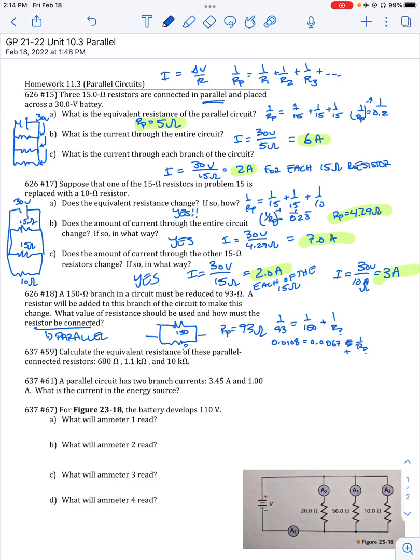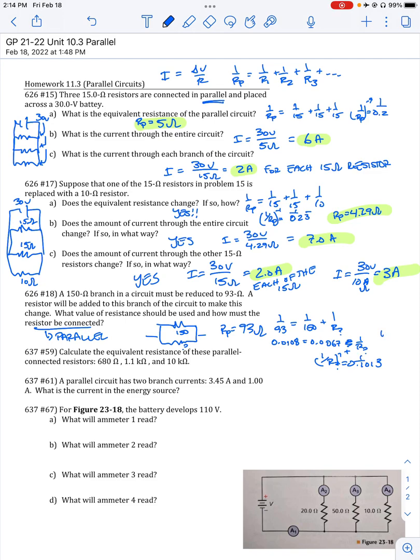So 0.108 minus 0.0067, we see here that 1 over our one that we don't know is going to equal 0.1013. All right. Inverse that.